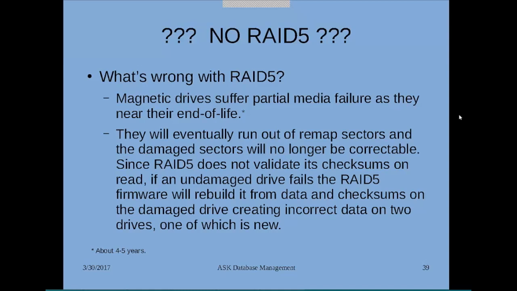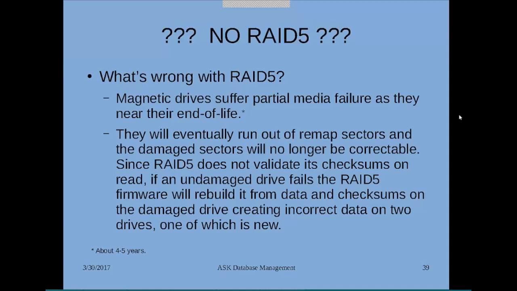Most modern drives, when you format them, set aside a percentage of the sectors of the drive for what are called remap sectors. And that means when the disk itself reads a block of data from the drive, there are checksums. There's a CRC, or a cyclical redundancy code, encoded into the drive for each sector.